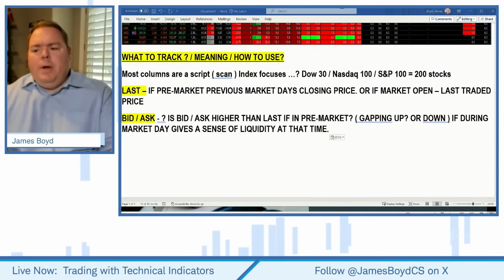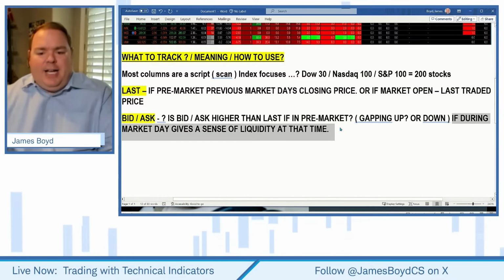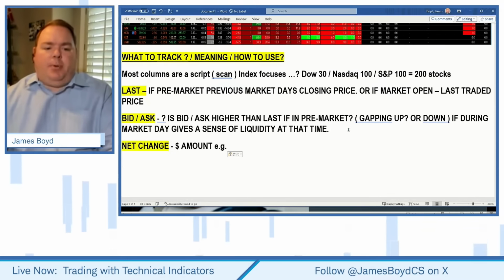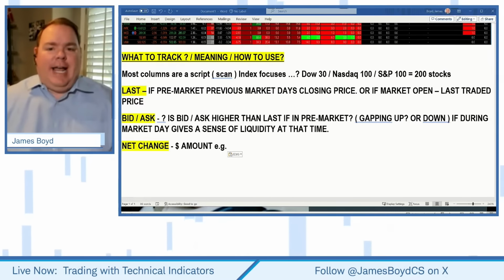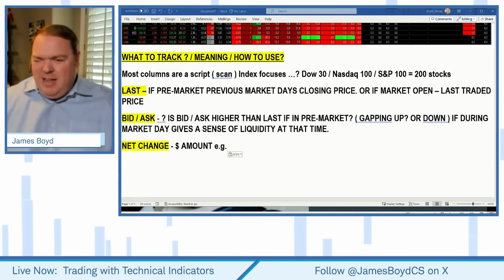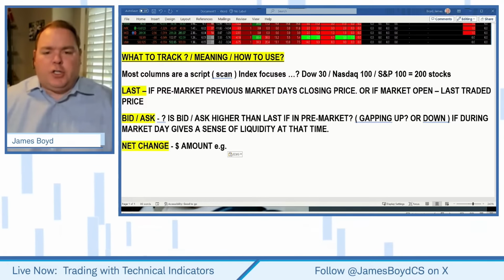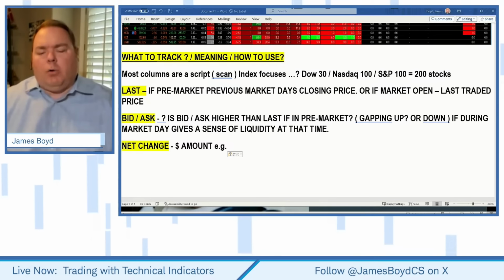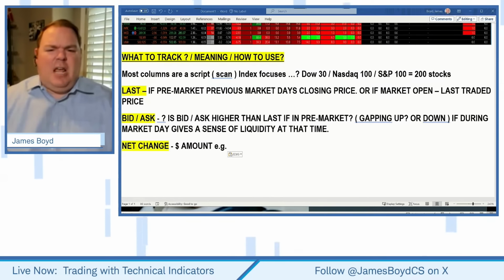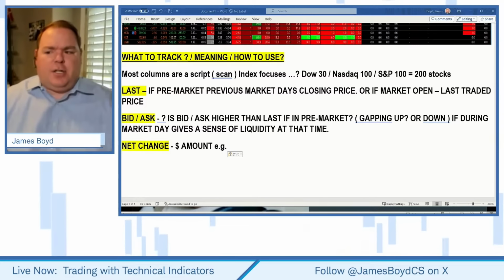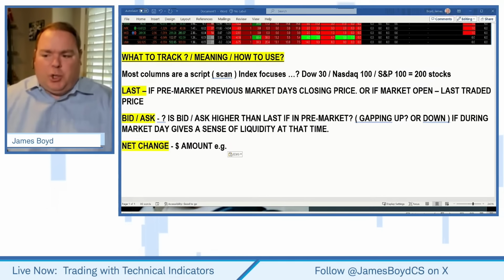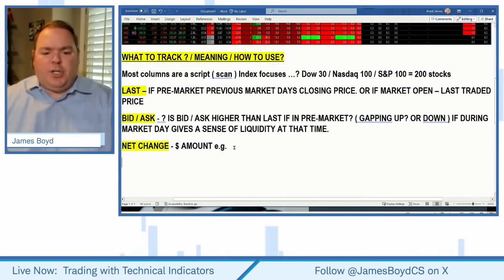Now, when we take, for example, net change, and then we look at percent change. Net change, a lot of times, we don't look at a lot per se, because it's not really fair. If we took Chipotle or AutoZone or O'Reilly, it's not the same as looking at Bank of America or JP Morgan, okay? So net change just tells us the dollar amount, but what we really track by is percentage.